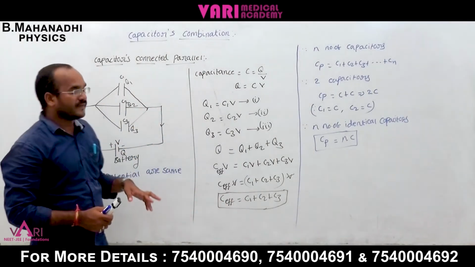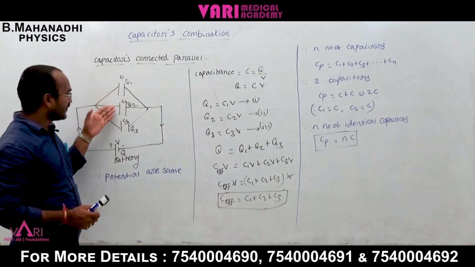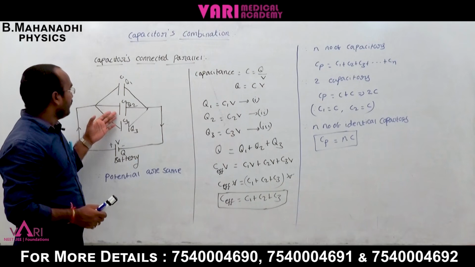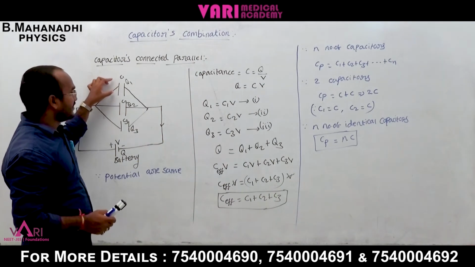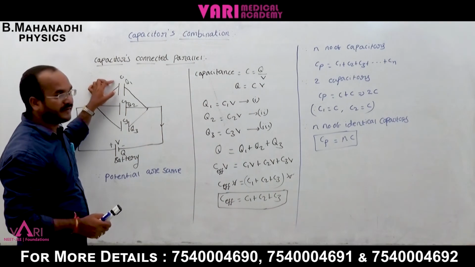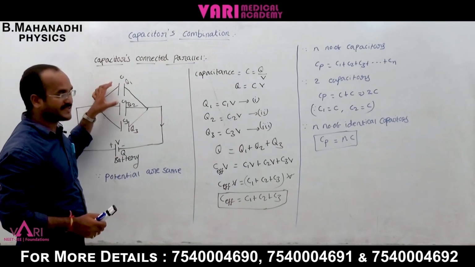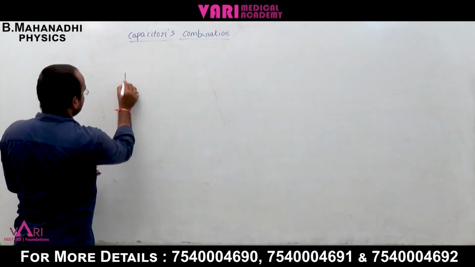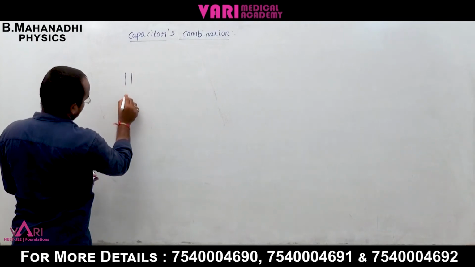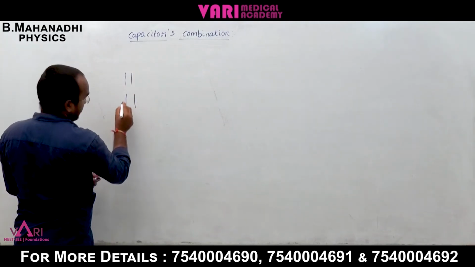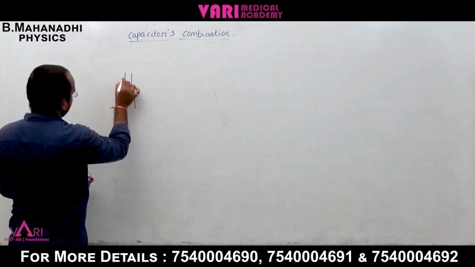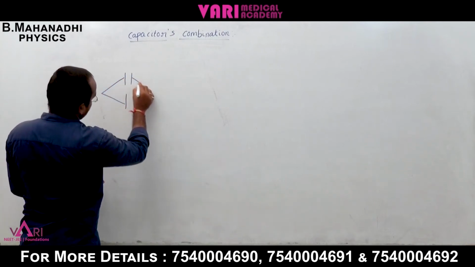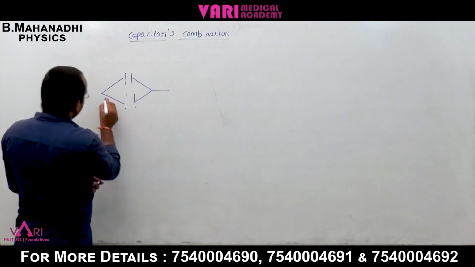If the capacitors are connected in parallel, what is the charge? How much charge does each capacitor have? Now we will explain. Two capacitors are connected in parallel with a battery.